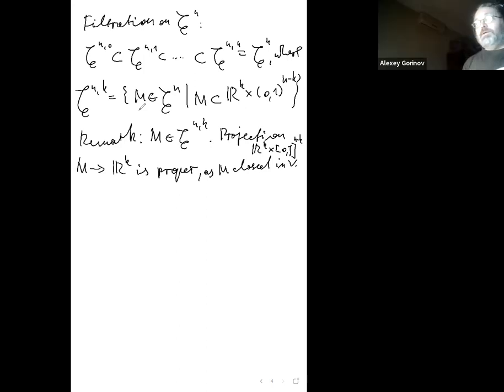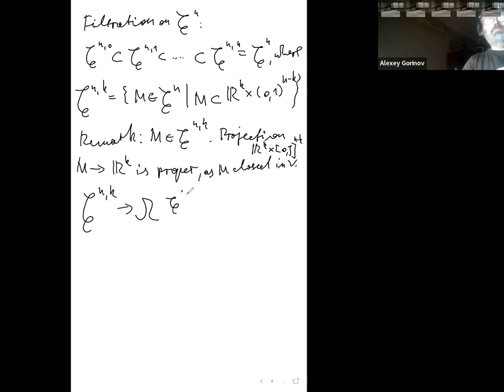Okay. Now we want to define a map from C_{n,k} to the loop space of C_{n,k+1}.